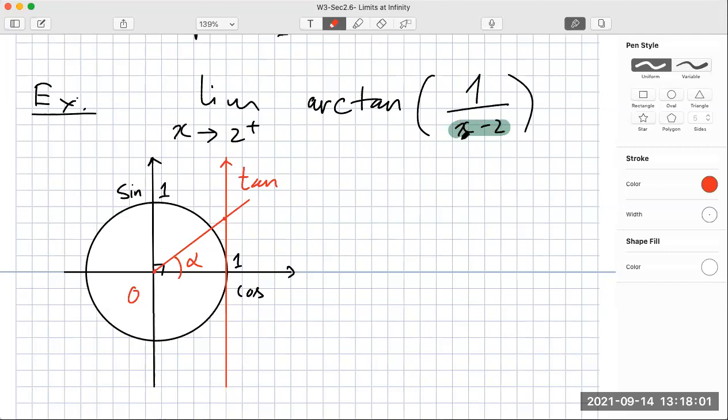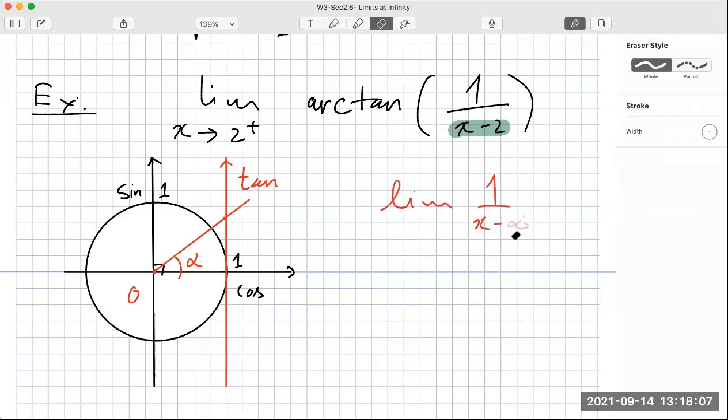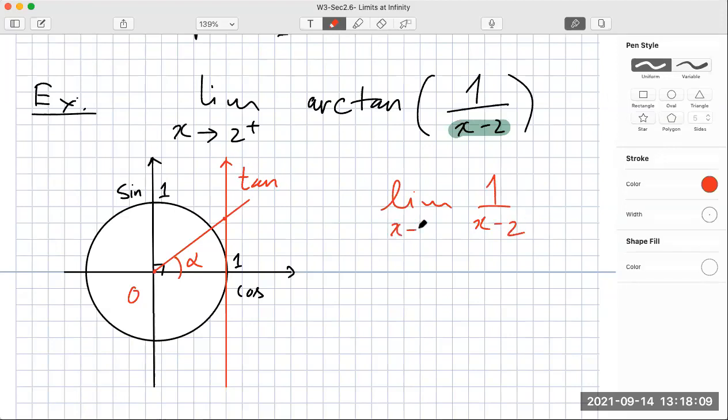It means that this guy will come to positive infinity, right?